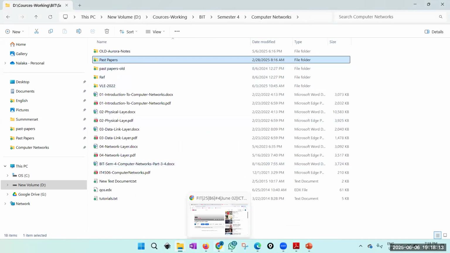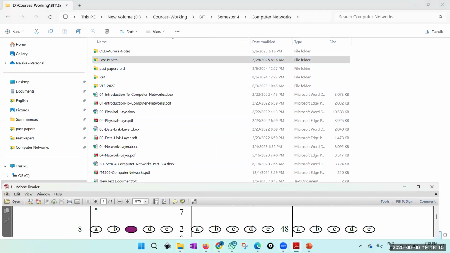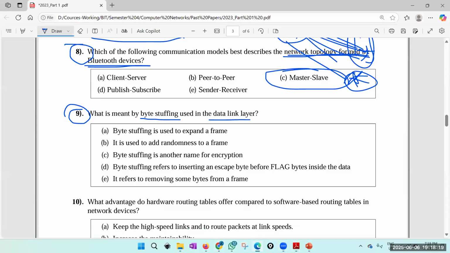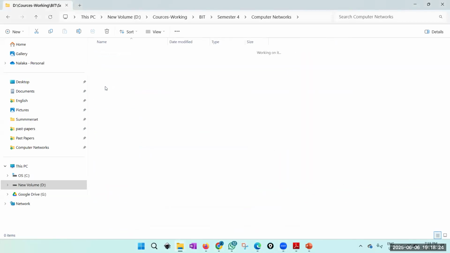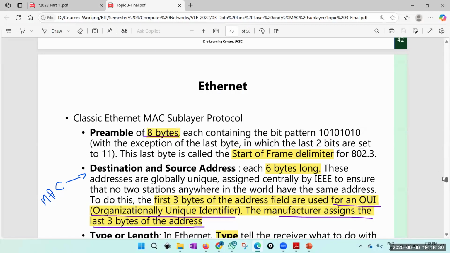It says which layer? Data link layer. So then it should be in the data link layer note, right? I can't remember such a word. Maybe in your reference book.